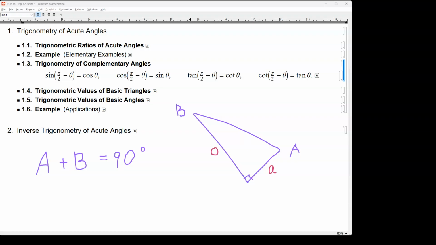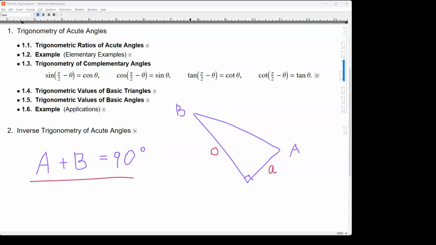So cosine is adjacent over hypotenuse for one angle, and that'll flip-flop to opposite over hypotenuse of the other angle, the complementary angle, and so on. So we have sine becomes cosine, cosine becomes sine, tangent becomes cotangent, cotangent becomes tangent, secant becomes cosecant, cosecant becomes secant. Really, these trig functions and cotrig functions are related by complementary angles like this.